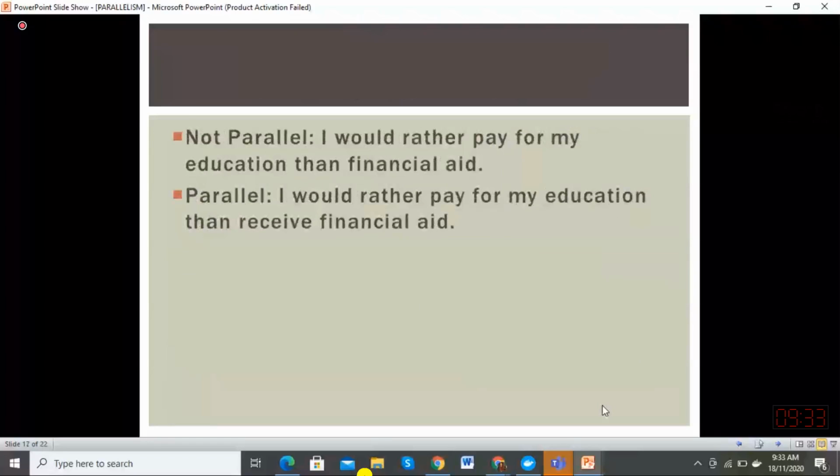I would rather pay for my education than financial aid. In the first sentence, more importance is paid to paying for education rather than the financial thing. So in order to give both aspects equal importance, it could be said: I would rather pay for my education than receive financial aid.